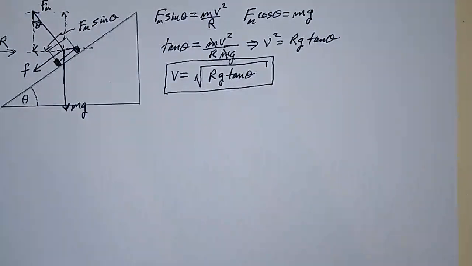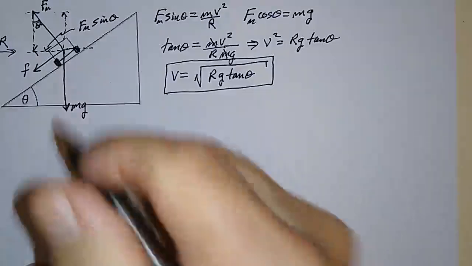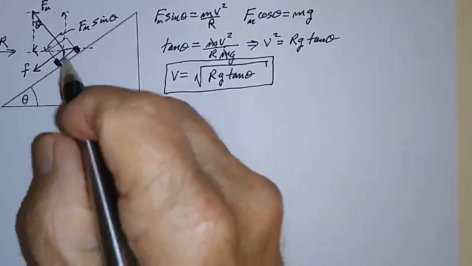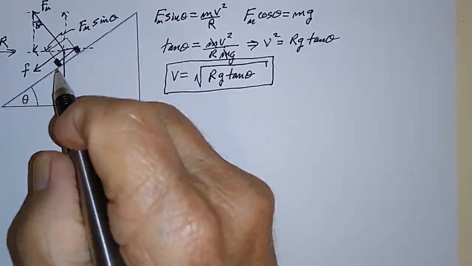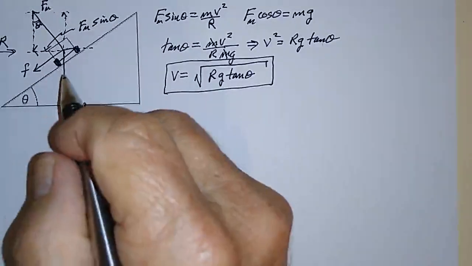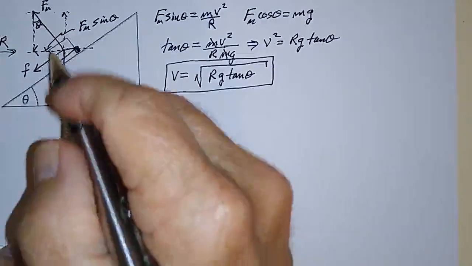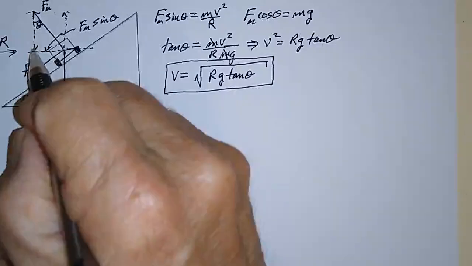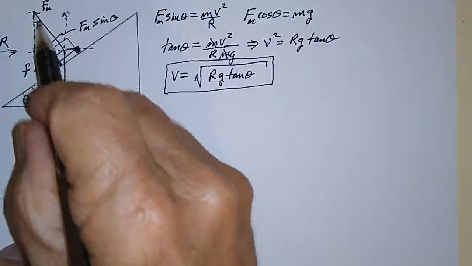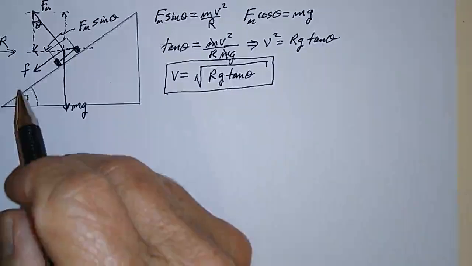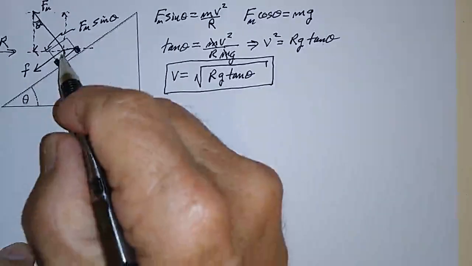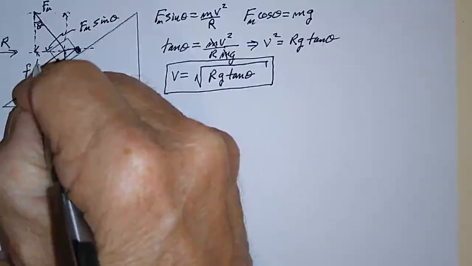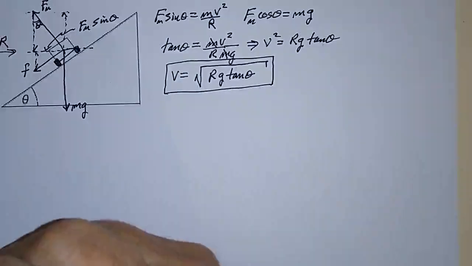So now I can write the equations. Since I have another force involved here, I can write the equations for equilibrium, namely that in the vertical direction, there's still the vertical component of the normal force, which is Fn times cosine theta, and that has to offset both the force due to gravity and the vertical component of the frictional force.